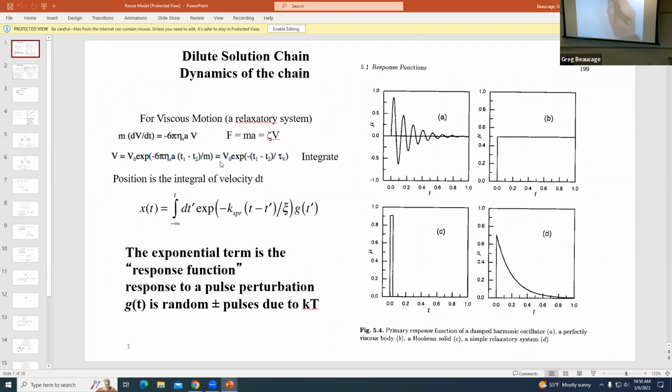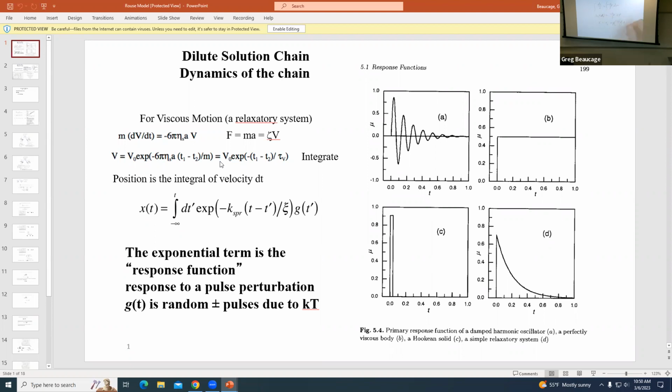So then you can rearrange that and say dx by x equals the spring constant by the friction factor dt, and then integrate that, and you get ln of x divided by x0 equals minus K spring over the friction factor times delta t. Right, and then if I take an exponential of both sides, I have x equals x0 exponential of minus K spring over friction factor times time.